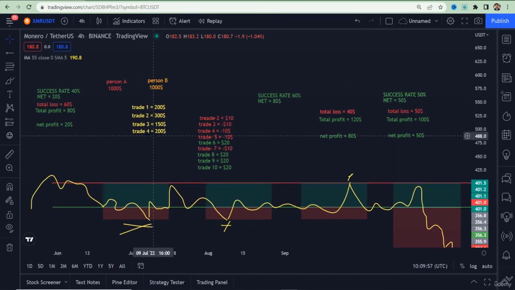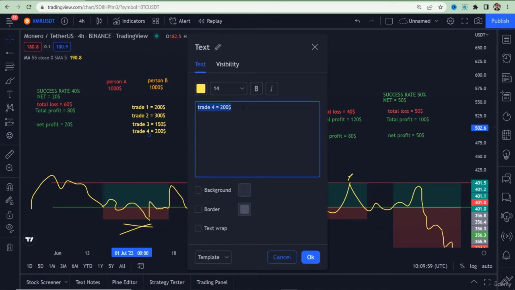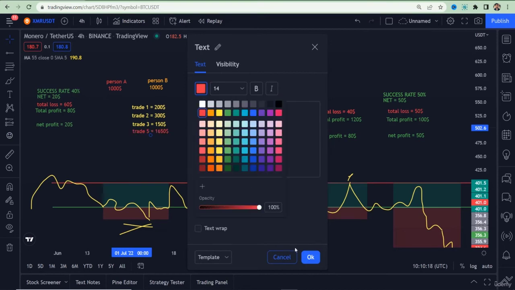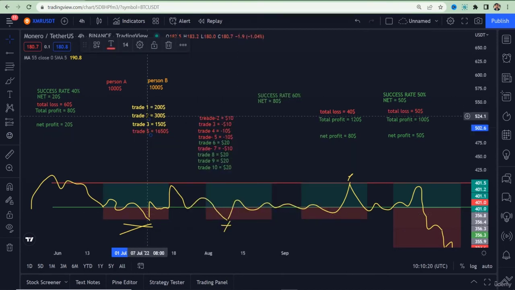He took 5 trades, let's say. Trade 5 cost him everything. Let's say 500, 650, 1650 was his total earned money. So, and he has a success rate of 90%.